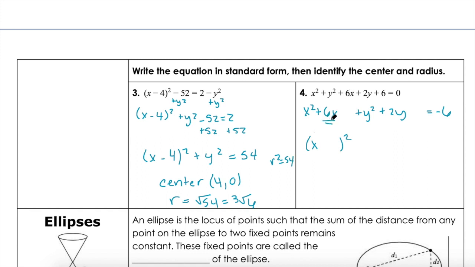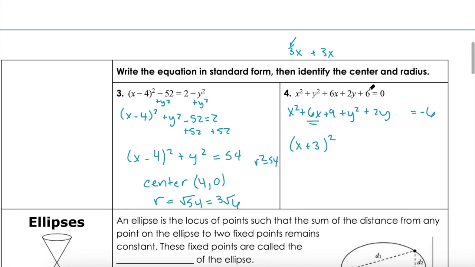So based on the number we have here of 6, if this was squared, 6x would have been made by adding 3x plus 3x together, which means that 3 would have been our number at the end. If we square that, we would have plus 9 here. So when we rewrite this in factored form, it'd be x plus 3 quantity squared.